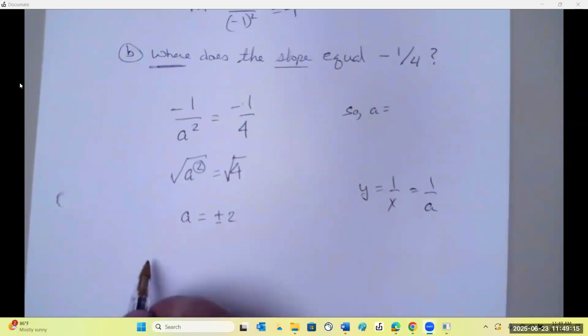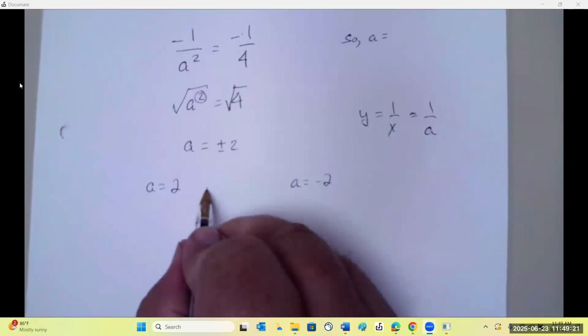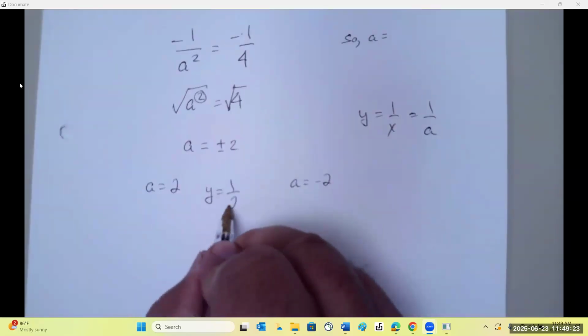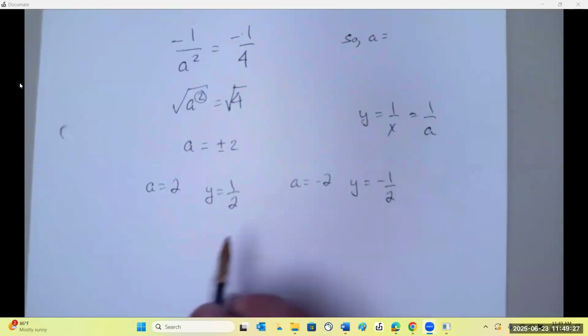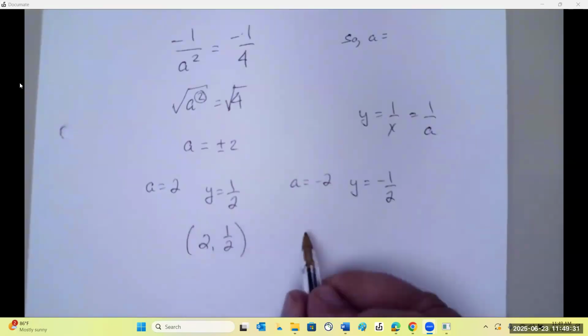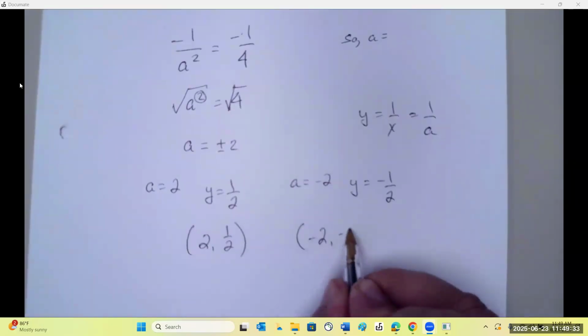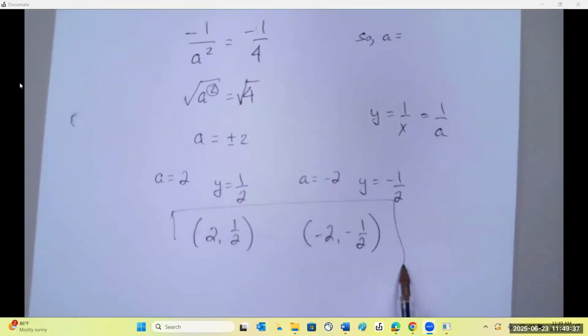So when a equals 2, a equals -2, y equals 1/2, y equals -1/2. So it's at (2, 1/2), (-2, -1/2). Because where is a location? A location is a point. A point is an ordered pair.